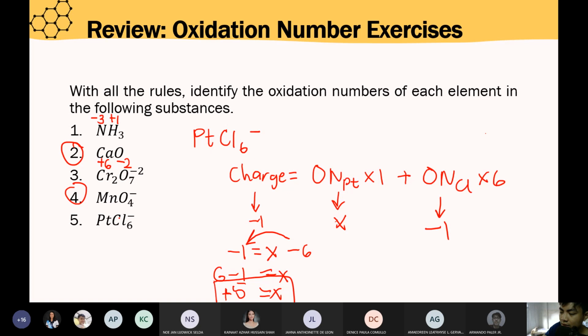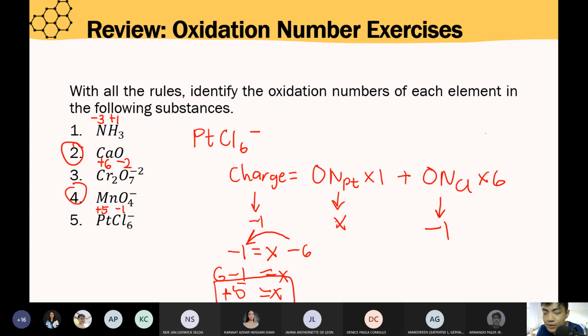So, for PtCl6 minus, platinum is positive 5, and Cl is -1. Okay? It's that easy. That's how you can tell the oxidation numbers. And again, this is important because the next topic, which is the main topic, requires that you already know this. If you don't know this yet, you will struggle later.